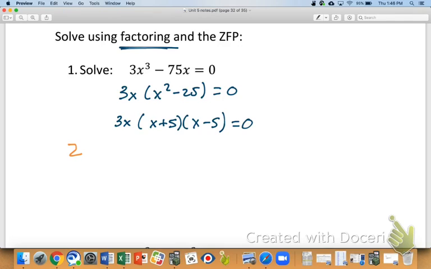This is the ZFP, or the zero factor property step, and it's this: first factor set equal to 0, second factor set equal to 0, third factor set equal to 0. Those are all very easy for you to solve. We divide by 3, and we get x equals 0. We subtract 5, we get x equals negative 5. We add 5, we get x equals positive 5. At this point, I've communicated everything, and I've got correct answers.